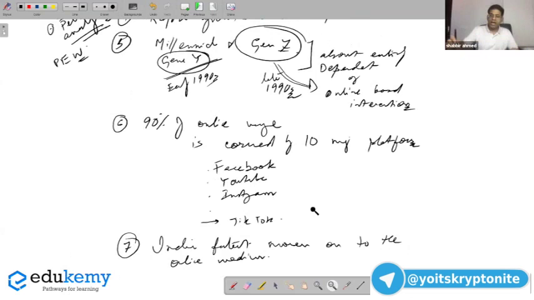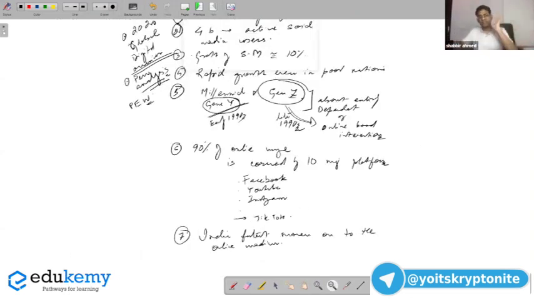So you can use this data, some facts. What is the concept of information society and how it's moving towards online consumption. India is among the fastest movers onto the online medium. This is very generic data.